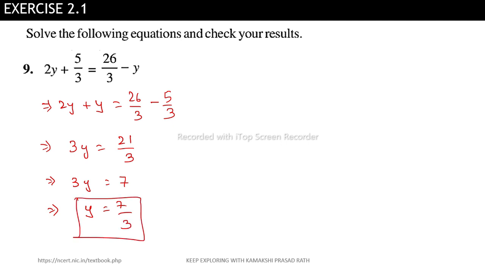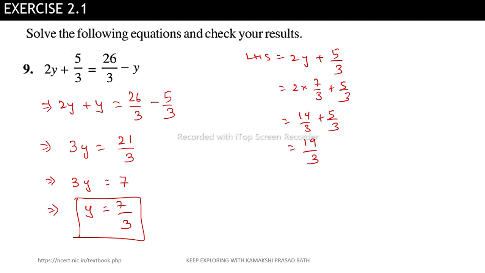So this is the solution, and let us check it also. On the left side, we have 2y plus 5 by 3, that is 2 times 7 by 3 plus 5 by 3. We get 14 by 3 plus 5 by 3, that is 19 by 3.